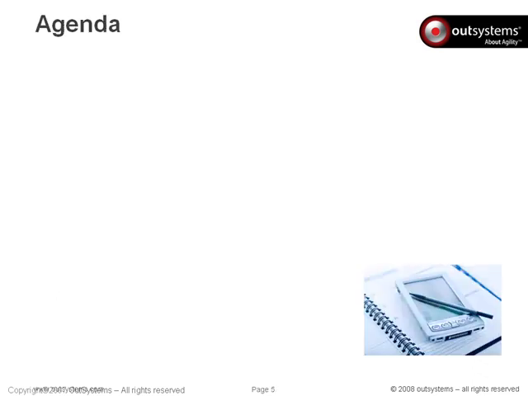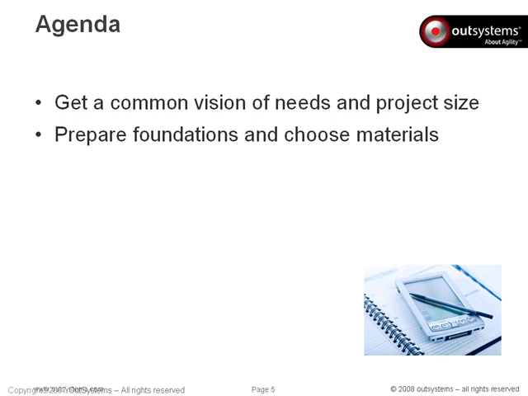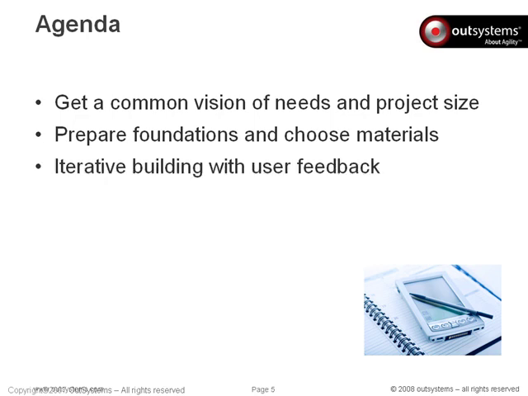Let's look at how we would solve the housing problem using the Agile methodology while learning about the Agile concepts and benefits along the way. First, we would develop a common vision of the needs and size of the project to set deadline and cost. The project really starts with building the foundations and choosing materials.